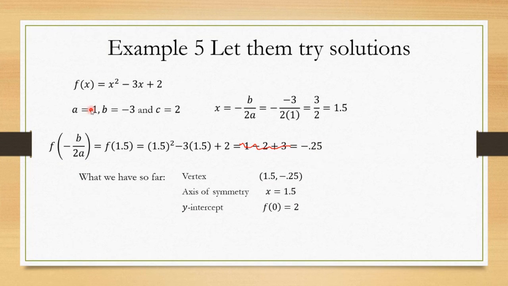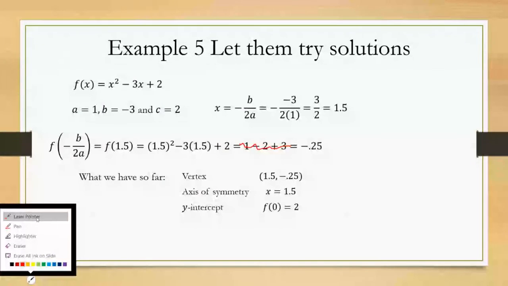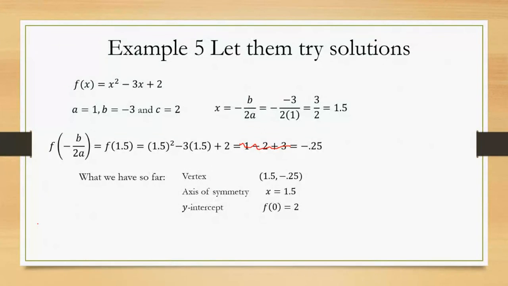And again, since A is positive, right away we can determine the range. I mean, we have the vertex, we have the axis of symmetry, we have the y-intercept. Notice, though, with the vertex, since A is positive, the graph's going to open upward like this, as you can see. And the vertex then is going to be down here.